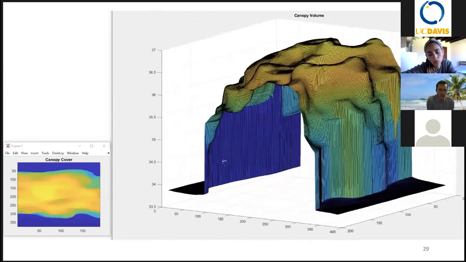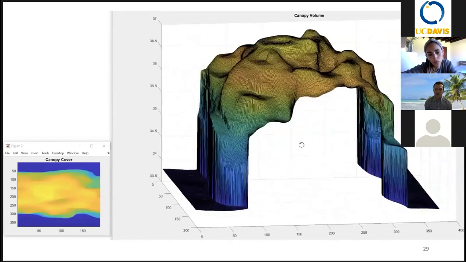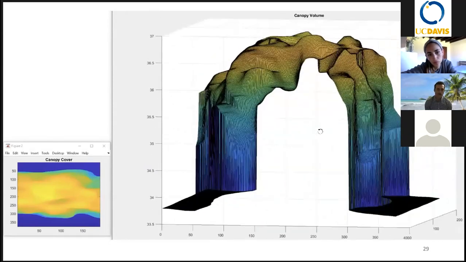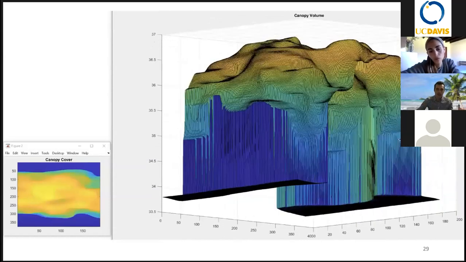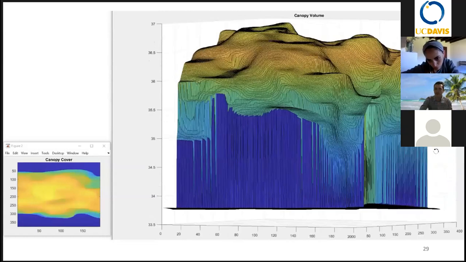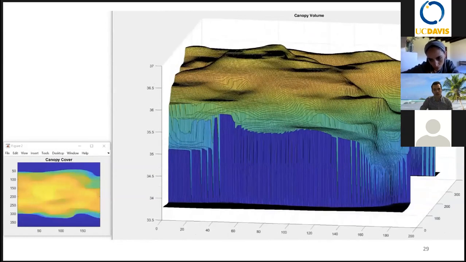But we wanted to know how accurate this measurement is, because we never know the actual volume of the tree until we take it out and put it in a big container with water and see the difference in water height. We can't do that. So the next best is to use a LiDAR.